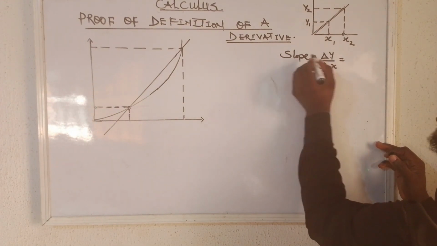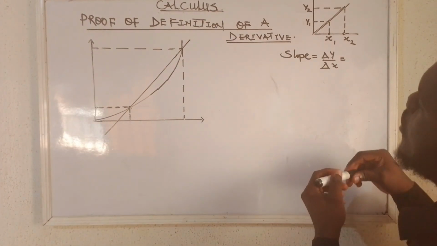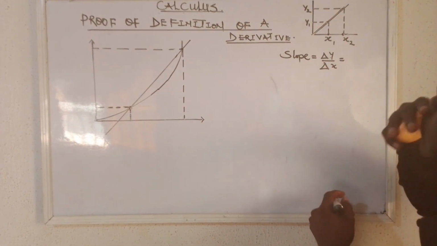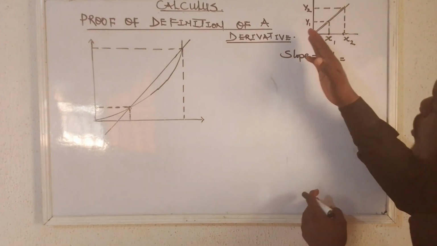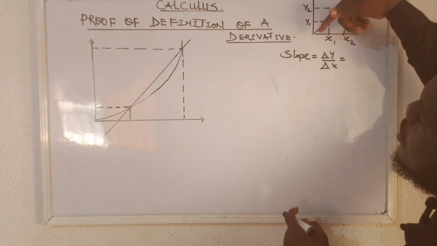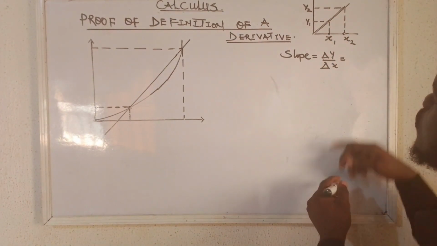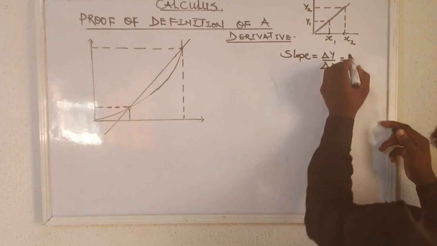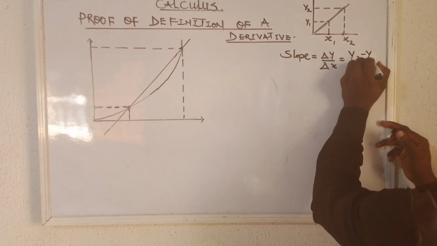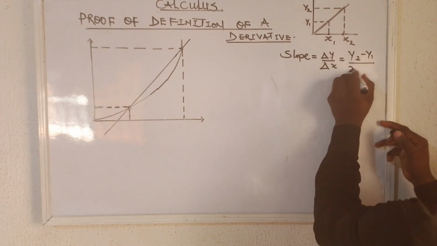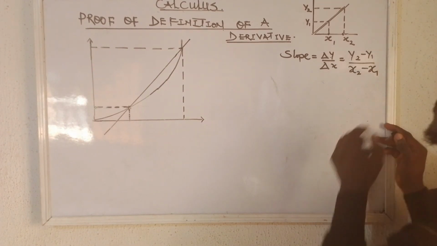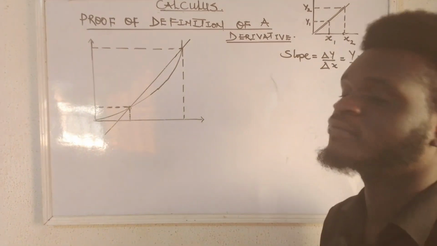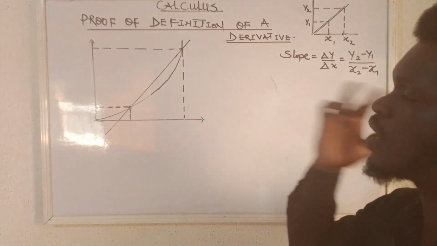Let's assume this is the Cartesian plane, with the positive line on the x-axis and the positive line on the y-axis. If you want to get the difference, which is the change, it is just y2 minus y1, all divided by x2 minus x1. This is the idea that we also stretch into calculus, or differentiation per se. This is the idea that we are really going to talk about.